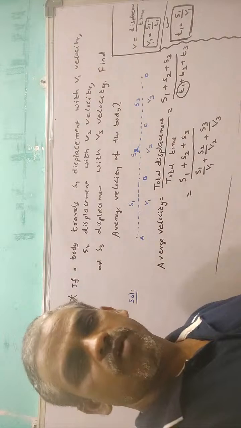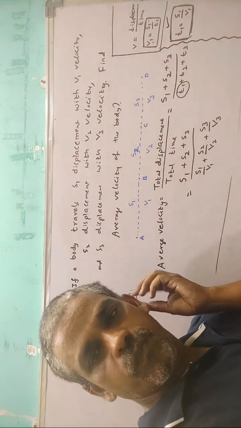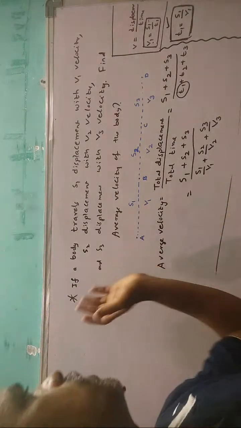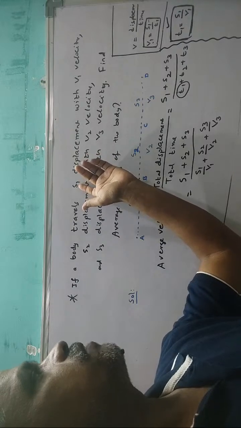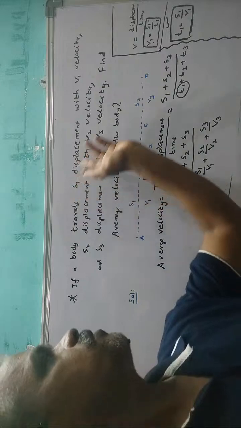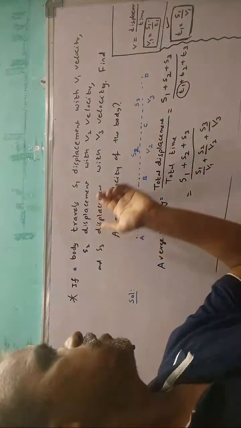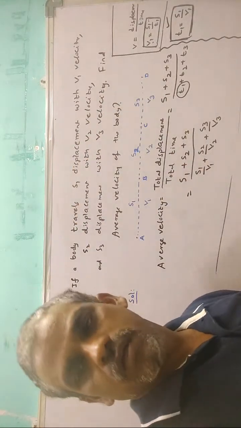This is the formula. One more formula I am giving to you. In which situation? If a body travels along a straight line, it covers S1 displacement with V1 velocity, S2 displacement with V2 velocity, S3 displacement with V3 velocity. Find average velocity of the body.